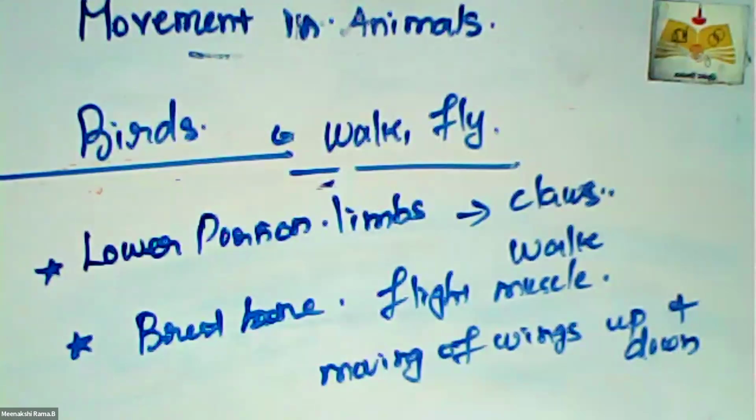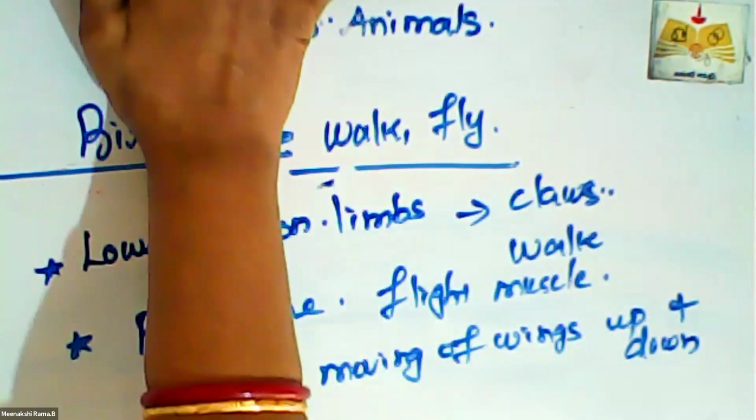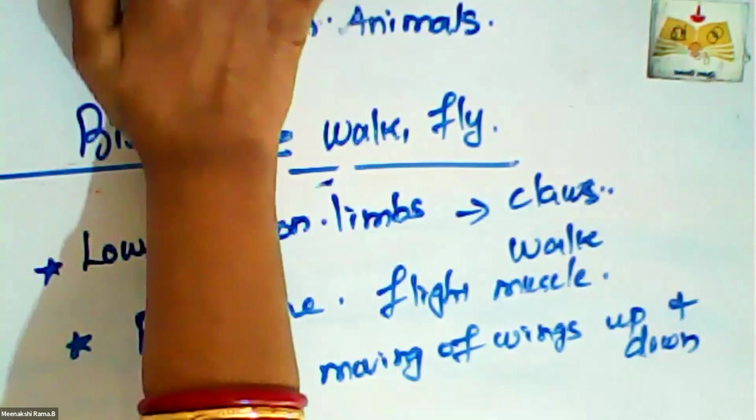Okay, so birds show two types of flight. One is gliding, another one is flapping. Generally, I'm showing pictures of different kinds of birds.